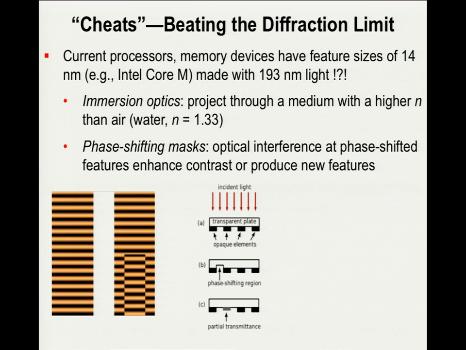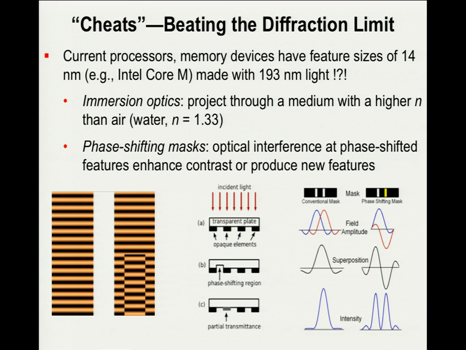And how do you create a phase-shifted region? Well, you shine light through a regular mask, and you have opaque elements, and everything goes through. Okay, that's fine. But what if you take a little bite out of one of the regions? Or what if you permit only partial transmittance through one of these formerly opaque elements? That will actually produce a shift in the phase.